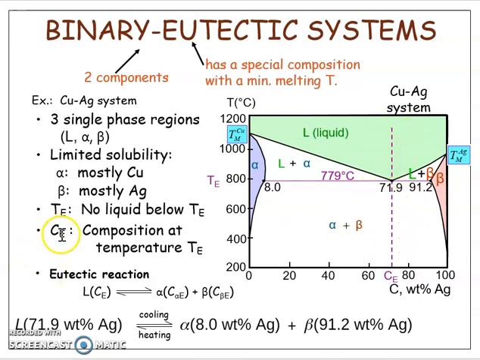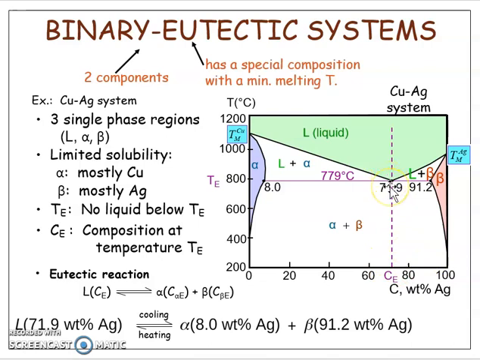So at CE, where is CE? CE is here as well, where T is the temperature and C is the composition. What is the composition here? It is the composition at equilibrium. If you draw a line below, you'll see that the composition is around 71.9 of silver, and the remainder is copper.